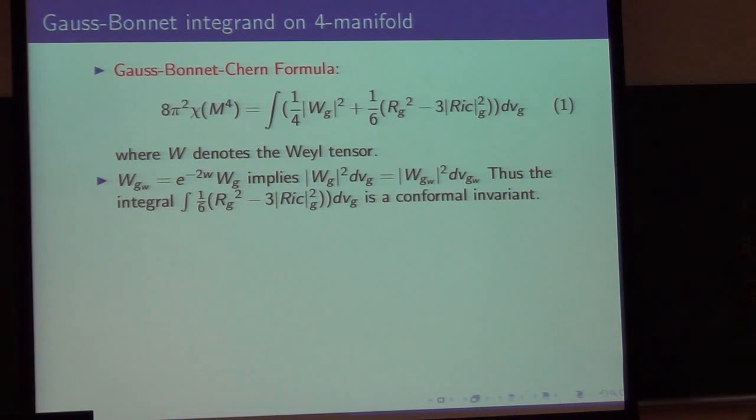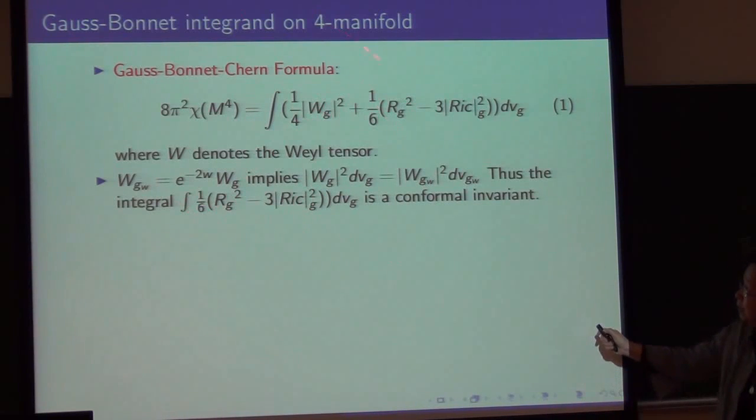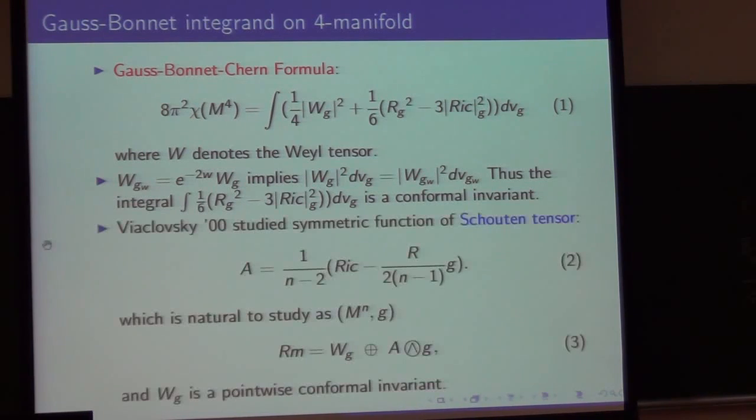The left-hand side is a topological invariant, and the right-hand side has 2 terms, the first of which is a pointwise conformal invariant. So the consequence is that the second term, this quadratic curvature term, its integral is a conformal invariant. That's the key fact I'm going to use.